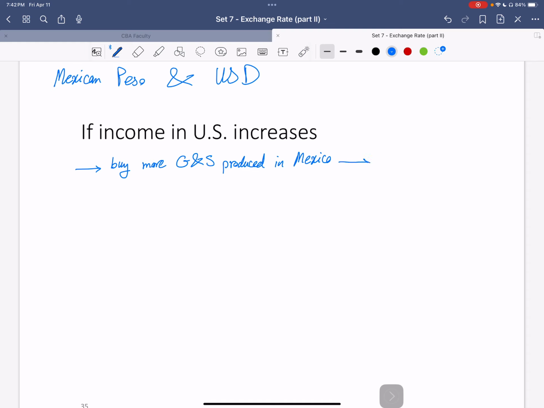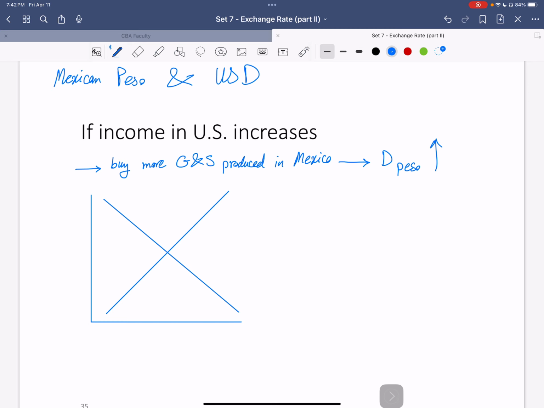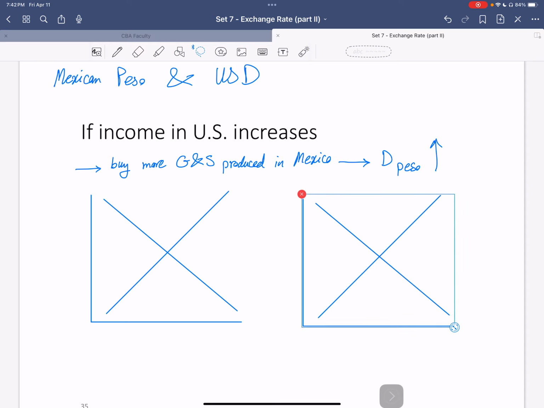What it means is that US citizens are going to demand more peso. So demand for peso is going to increase. Let's show this story on the graph. Okay, so we have supply and demand. Let me just copy this here.